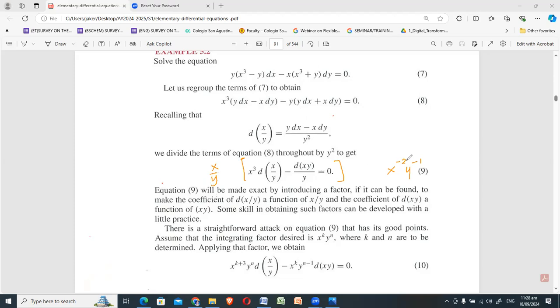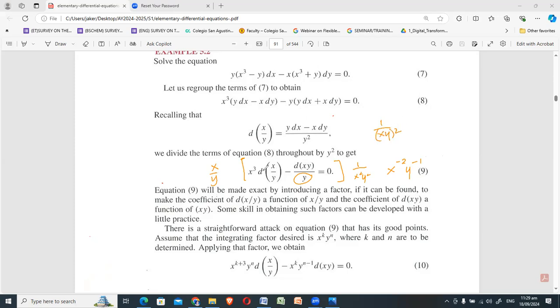Okay? If you multiply this one by x raised to negative 2 and y raised to negative 1, this one now will change. It will become 1 over x squared because of this, and your y here will combine with this y here. So it would be y squared. So if we will write it, this one now will actually be 1 over xy squared.